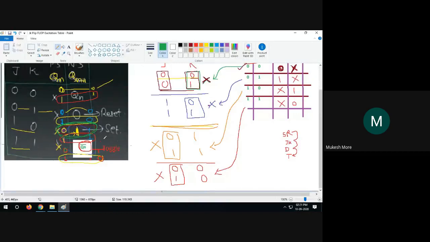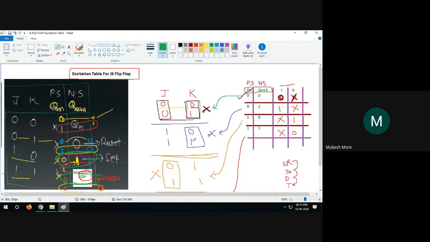Okay. Then second, we have this 0, 1. Okay. So when J=1 and K equals don't care, then we have present state 0 and next state 1.